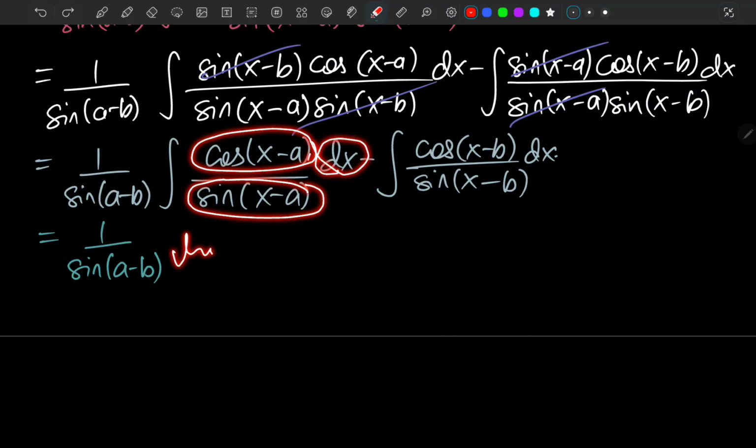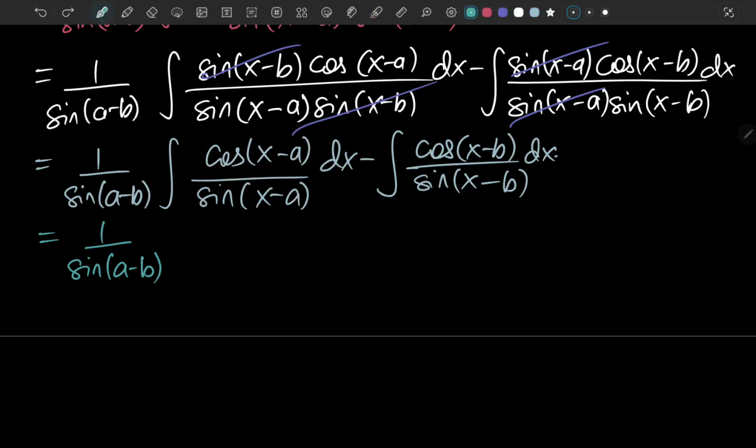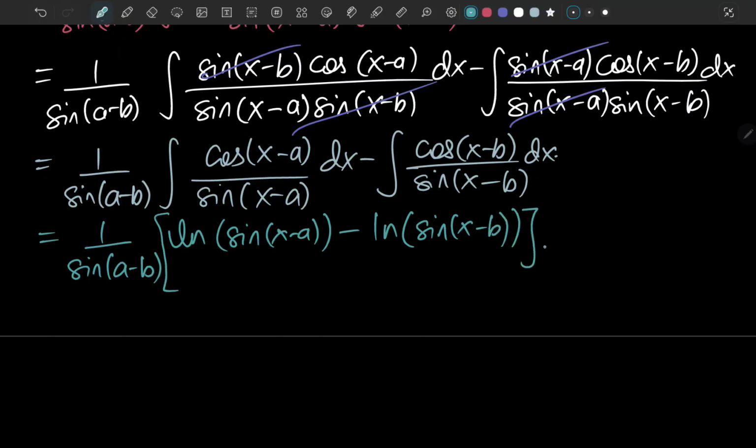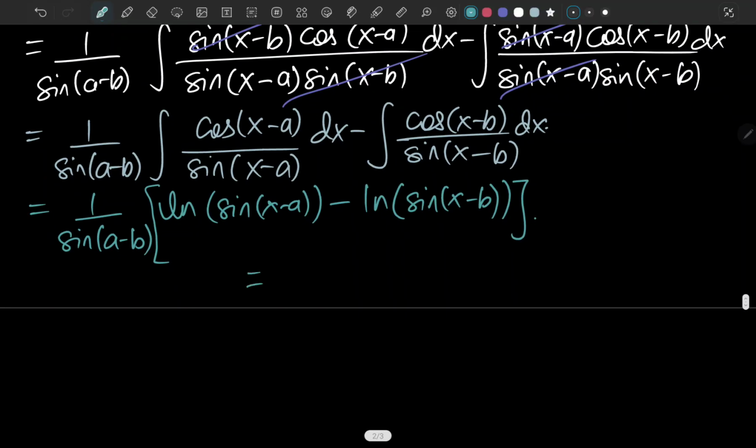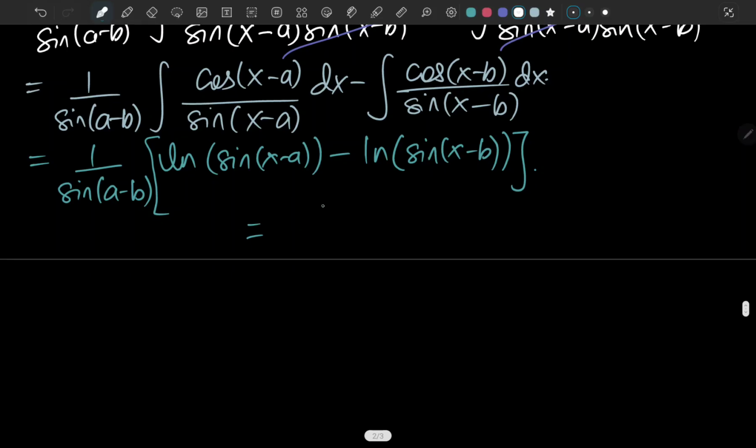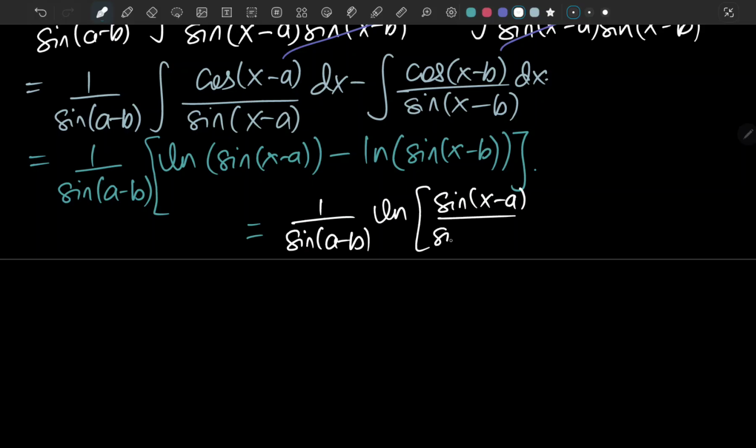So this becomes ln of this thing, right? Ln of sine of x minus a, and for the second integral, the same thing, that is ln of sine of x minus b. Now we are good to go for the final result: 1 over sine of a minus b times the ln, using the logarithmic property, of sine of x minus a over sine of x minus b, plus c.